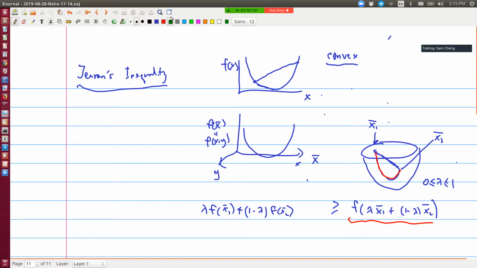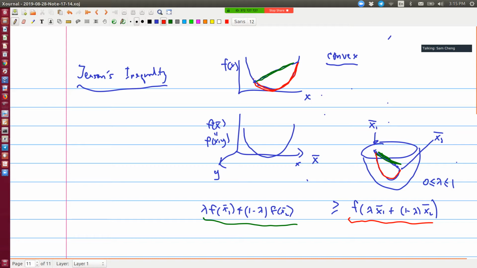So basically this is this line here. Just this line should be above this. Then this function will be convex. And in the two-dimensional case, again, this line is above this function here.